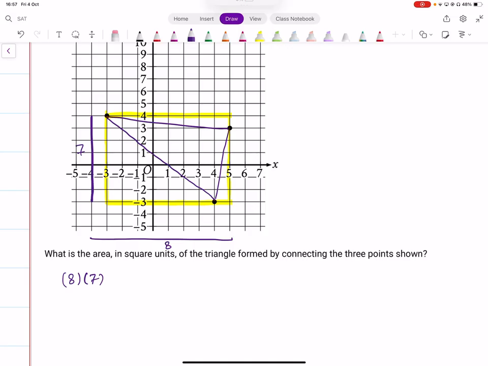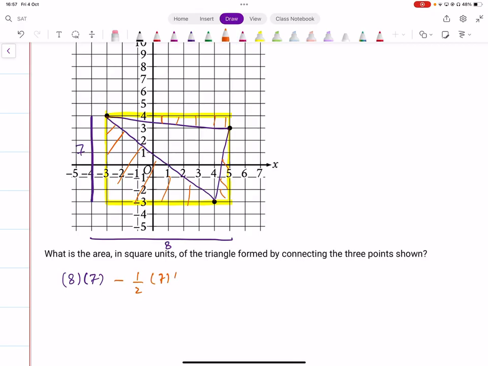Subtract from this, subtract these areas. These are all right angle triangles now. You can subtract the areas from that. Okay. So how do you do that? Minus half. Let's look at this triangle at the bottom first. Half into base. Base of this triangle is minus 3 to 4. That's 7 units.